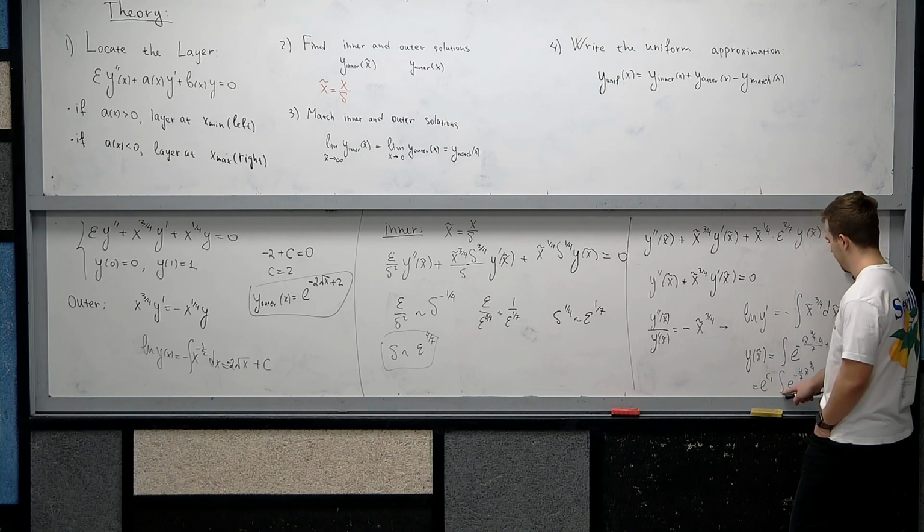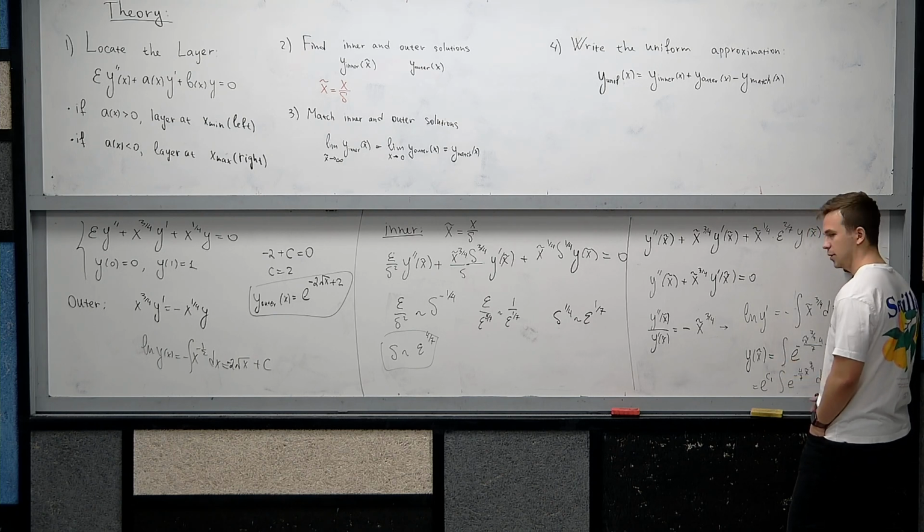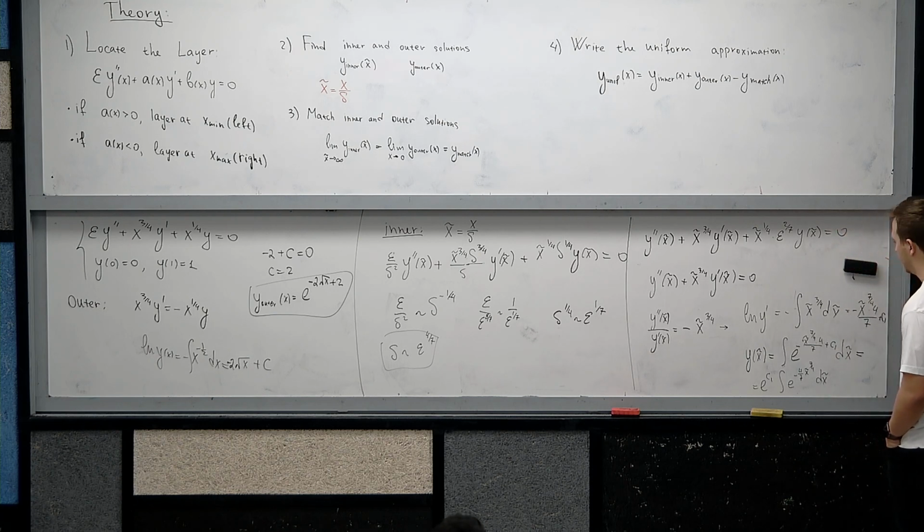If you have your integral from 0 to infinity, and you change variables, you can finally write it as a gamma function.